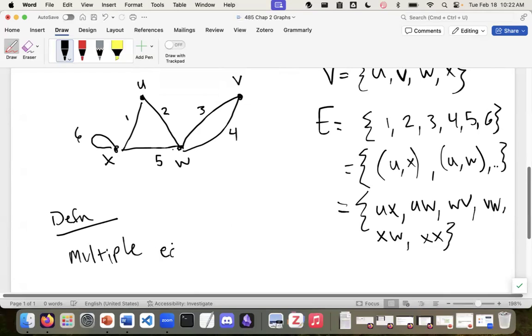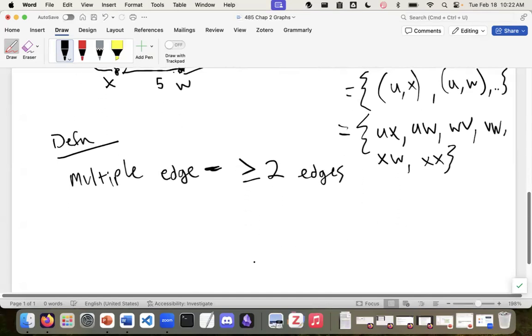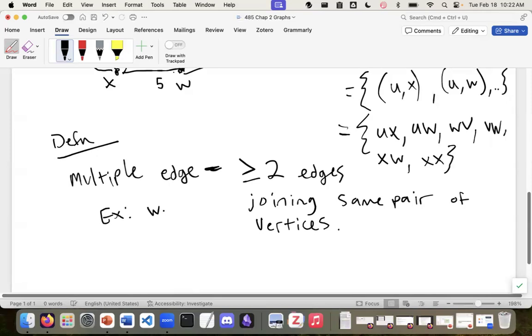And so we call a multiple edge when we have at least two edges joining the same pair of vertices. And so the example here is VW or WV, which happens twice.